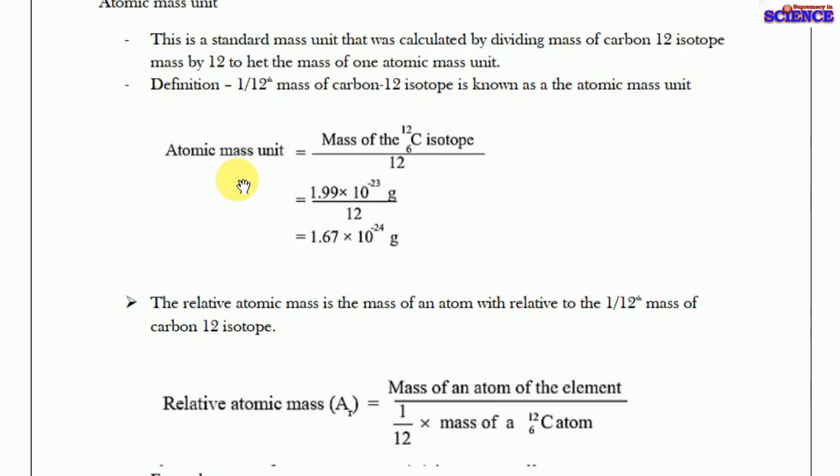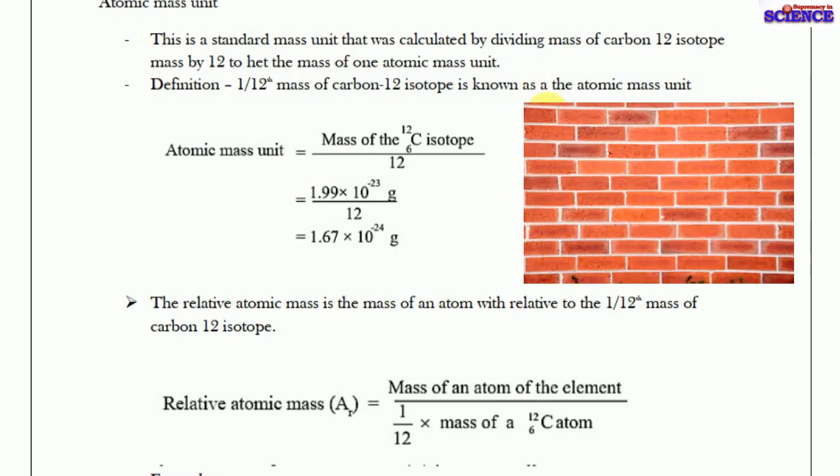To develop the scale, they use a word, atomic mass unit. Here I will elaborate the word atomic mass unit. It means the number of units that the atom is made of. For example, take a brick wall. The total mass of the brick wall is 1000 kilograms.